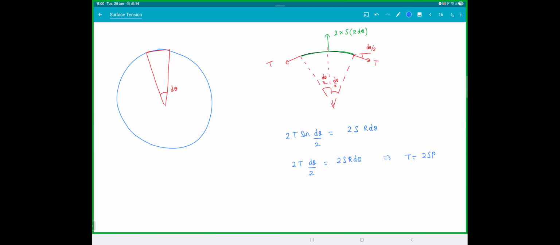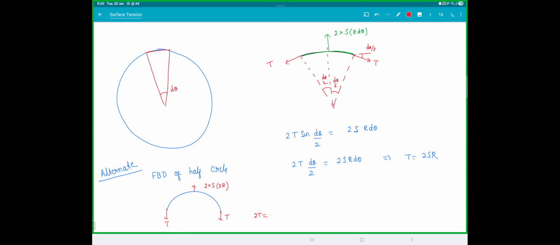There is a faster way to do it. You can do it much faster, but for that, you need to know the projected length. Take FBD of half string, half circle. Then this will be tension, this will be tension, and this will be the projected length force, which is 2 into S into 2R.